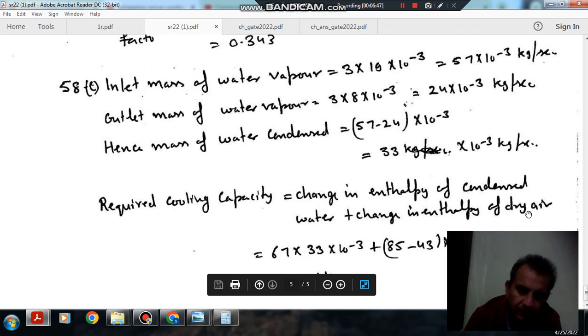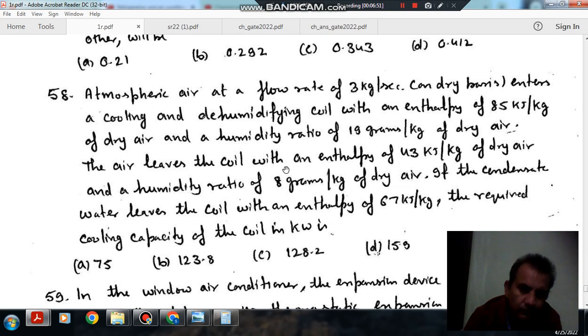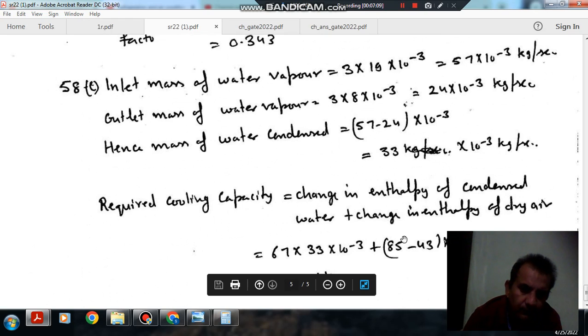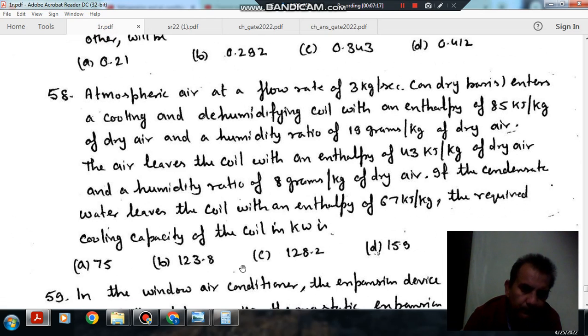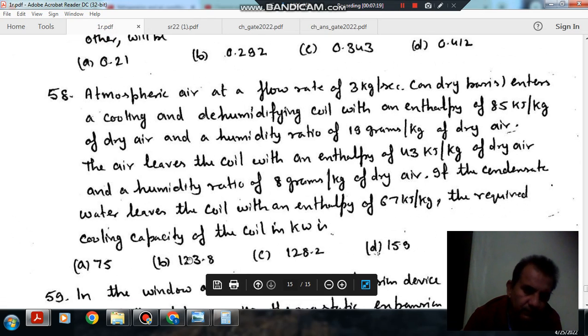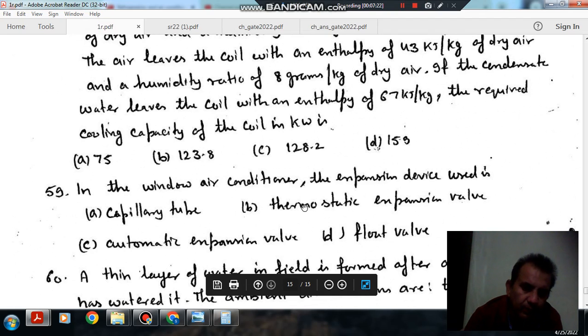The change in enthalpy of dry air: the dry air leaves at 43 and enters at 85, so 85 minus 43. So that will be 128.11 kilowatt. So the answer is this.